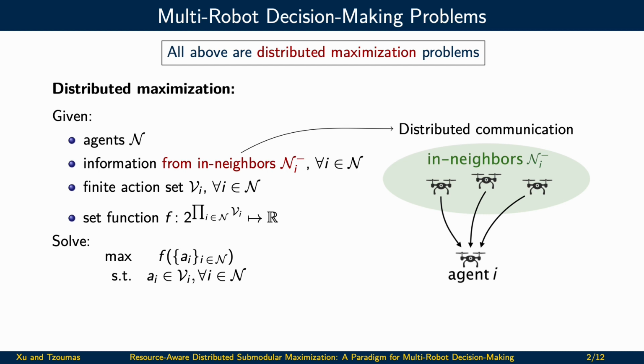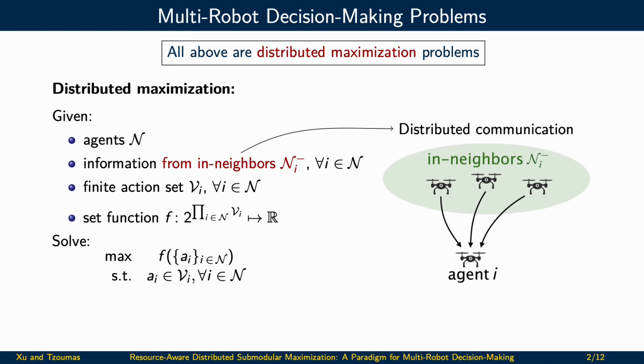All the problems above can be formulated as the following distributed maximization problem. First, there is a finite set of agents N. Next, the agents will perform distributed communication. That is, each agent i can receive information from its in-neighbors N_i^- only. Then, using the received information, each agent chooses an action from its finite available action set V_i.